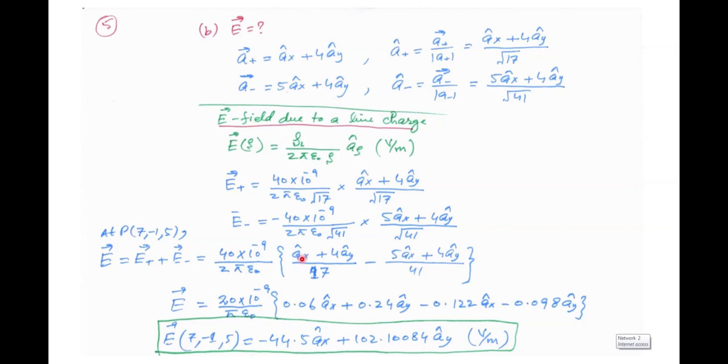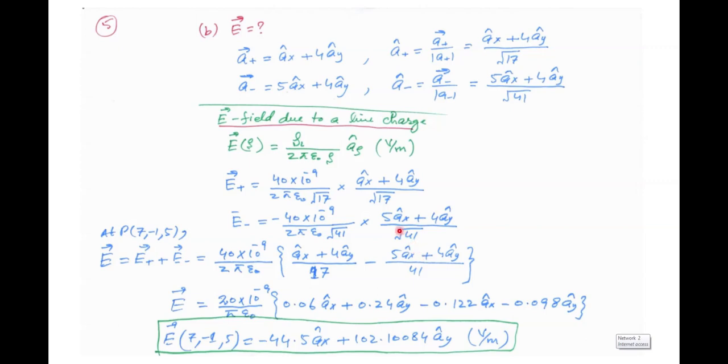The unit vector, the vector directed from the positive line charge density to the field point divided by the magnitude of the vector, minus 5ax plus 4ay. This represents a vector directed from the line charge having negative line charge density divided by the magnitude of the vector.